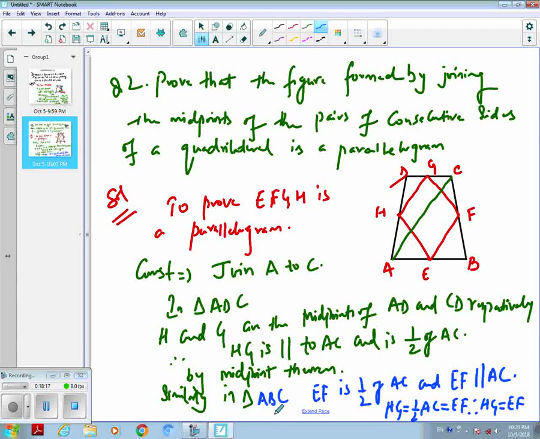Therefore, EFGH is a parallelogram because one pair of opposite sides, EF and HG, they are equal and parallel. Therefore, EFGH is a parallelogram.